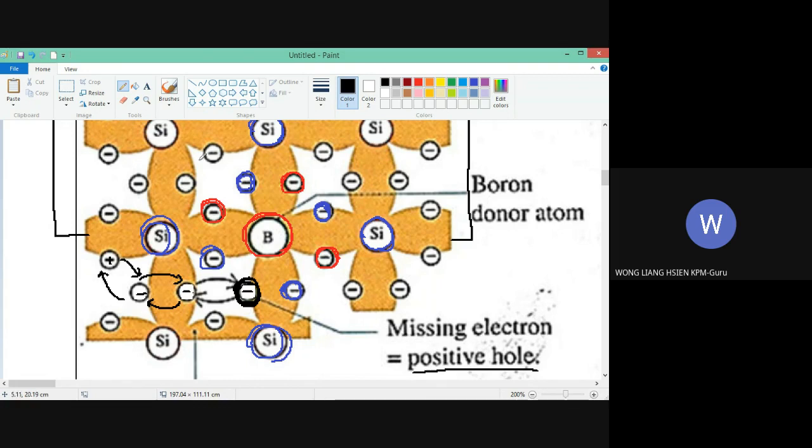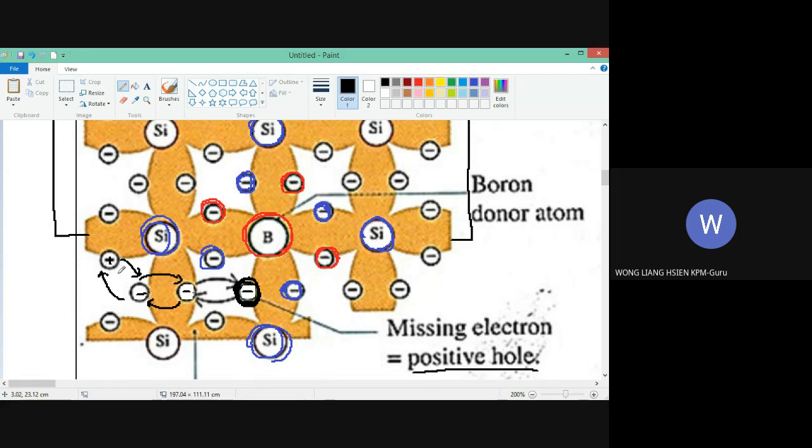But you see the positive hole at first is here, right? But because the electron moves, the hole moves from here, to here, and to here. So you see, it looks like the positive hole moves from right to left.